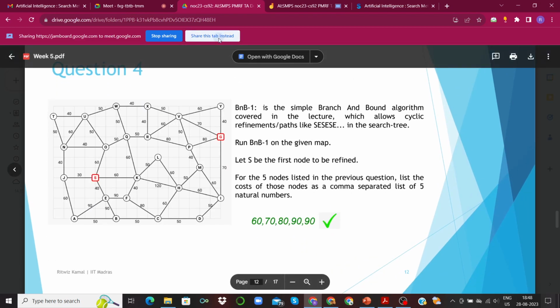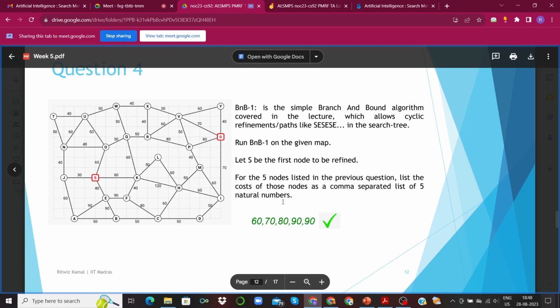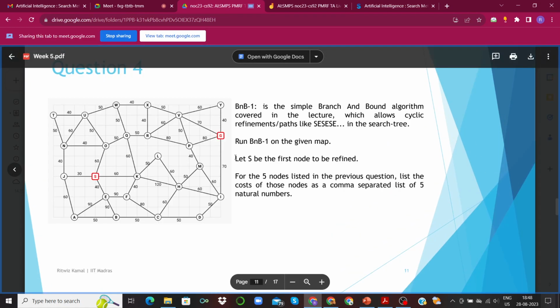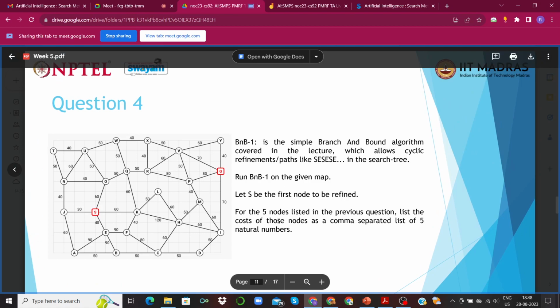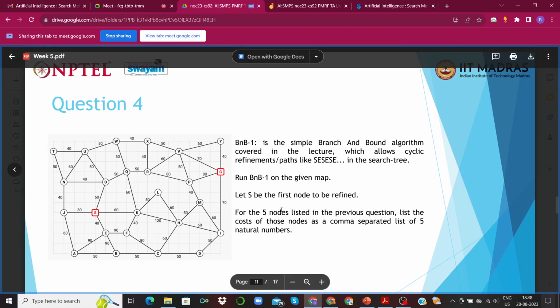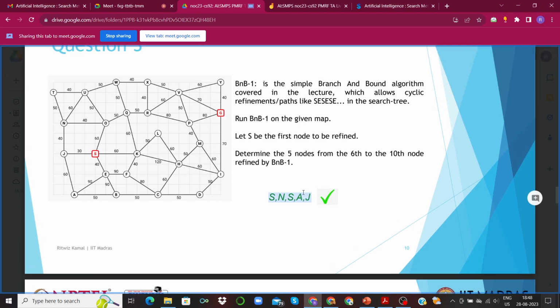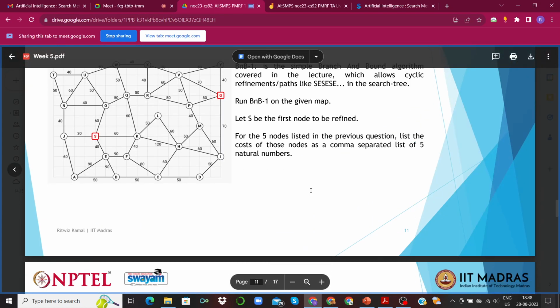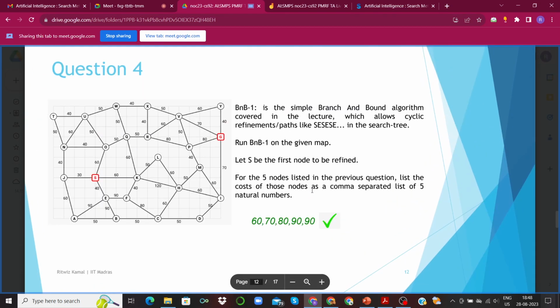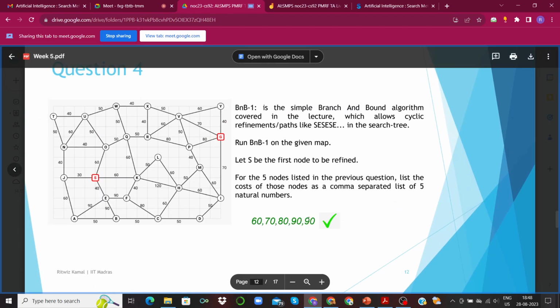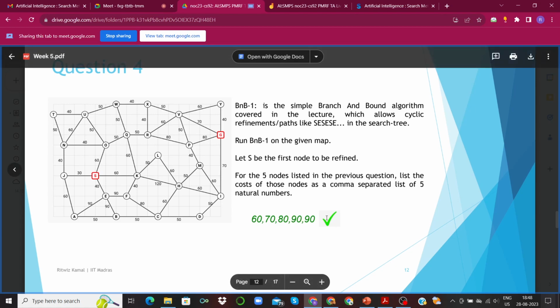Sorry about that, I had not shared this solution. I was just talking about this partial question in the middle, which asks us to list the cost associated with all these five nodes that we found in the previous question. If you quickly check the search tree, it will be 60, 70, 80, 90, and 90. I won't go into the details; you can quickly verify it on your own.